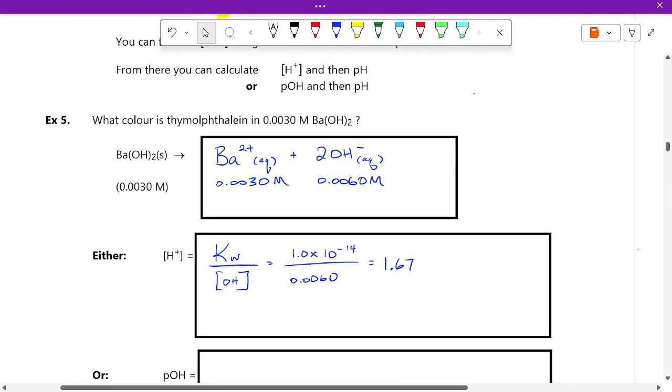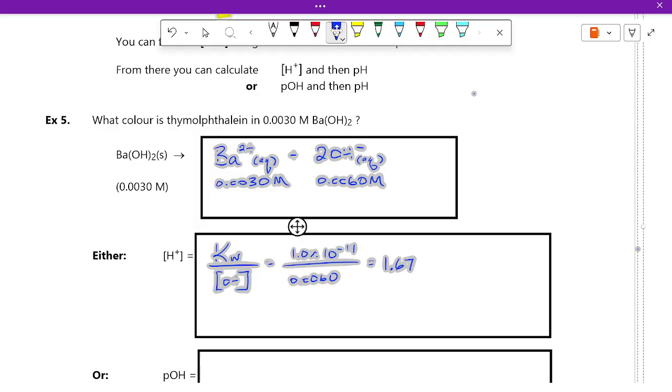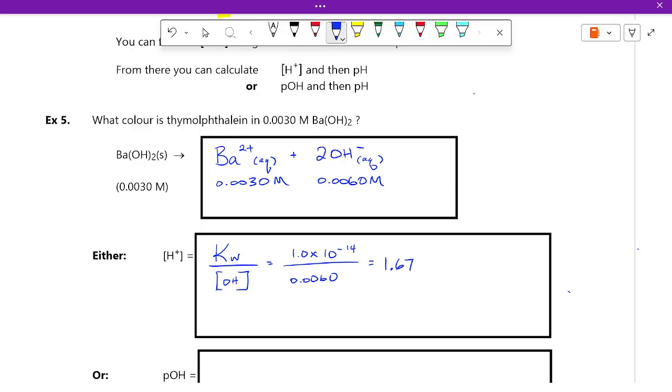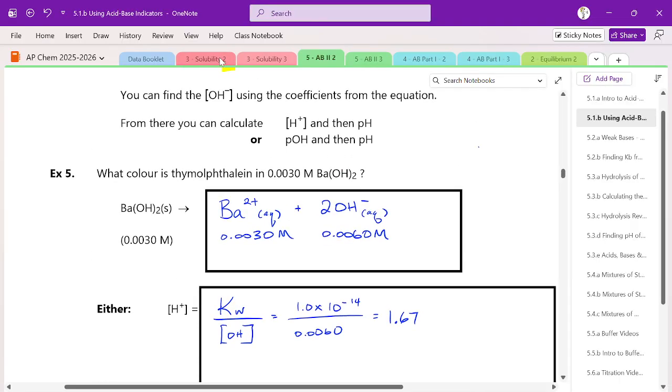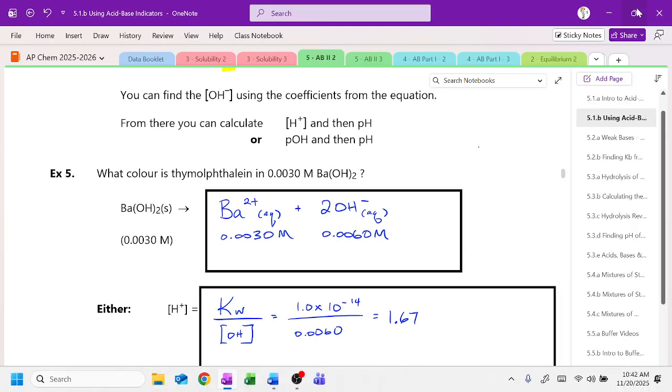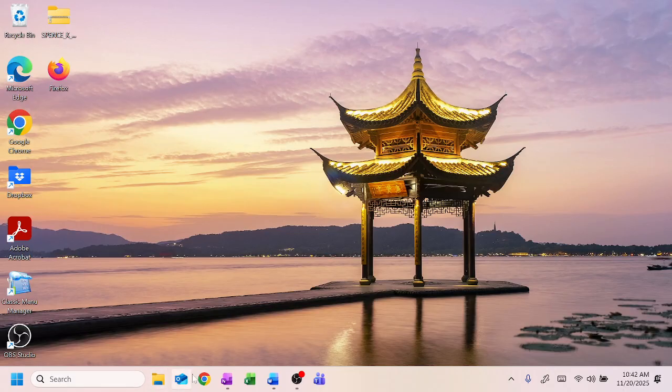Well, we're looking for a color again here. But yes, it has 2 sig figs if you write it that way. Hang on. Let's go look up what is Kw.